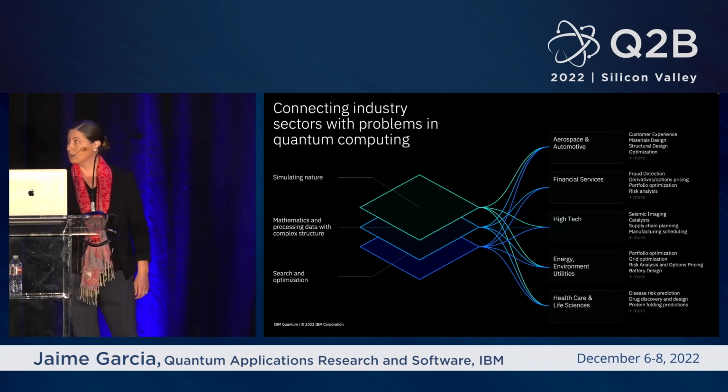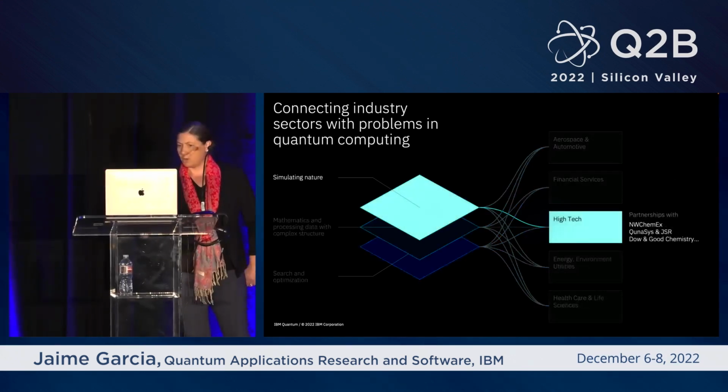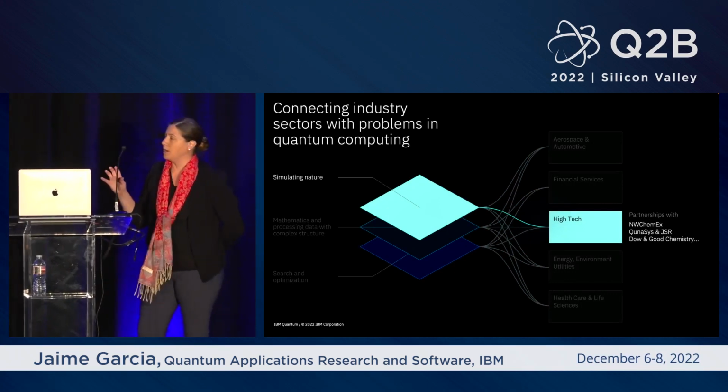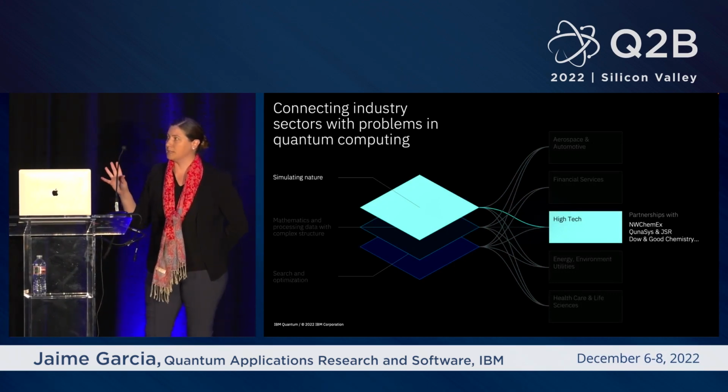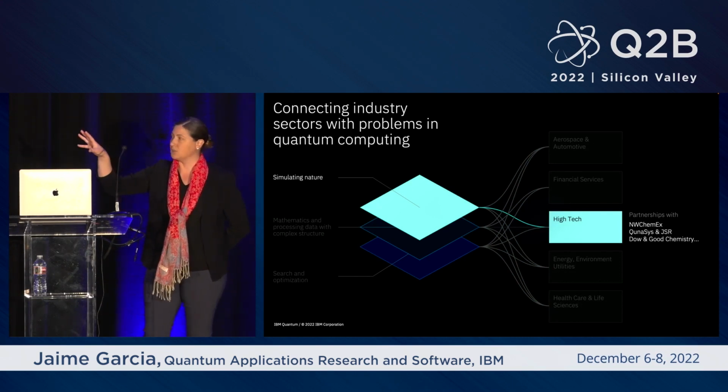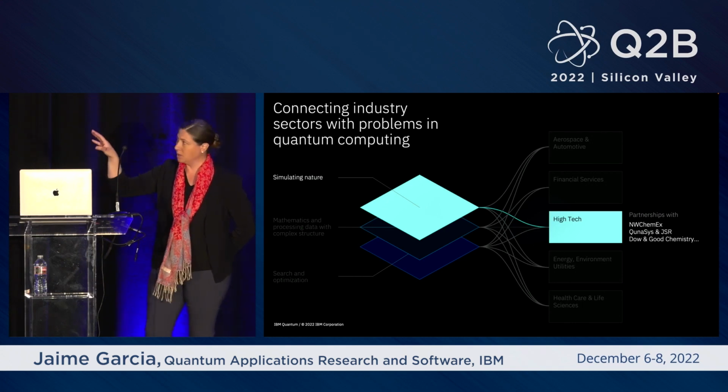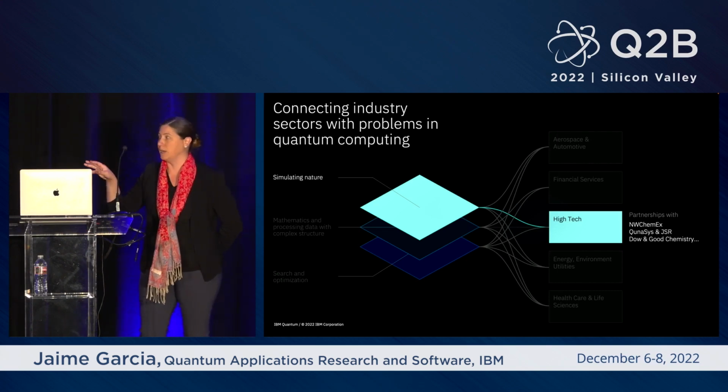I want to just focus on one example that we recently spoke about. We have partnerships in this area, the simulation of nature area in high tech, coupling those two. We have partnerships specifically with NWChem, QunaSys, and JSR, down to good chemistry.